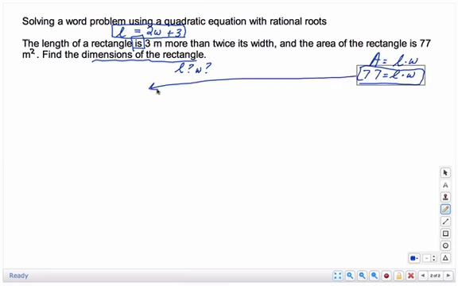I'm going to write this as length times width equals 77. And then I'm going to replace L in this equation with 2W plus 3.